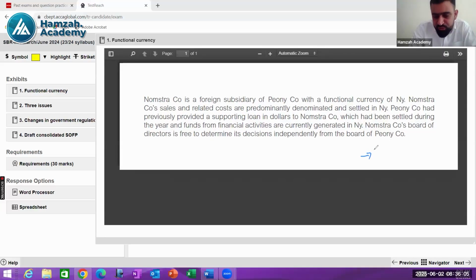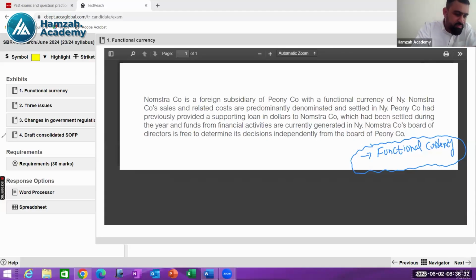In the start of the question, the first thing we need to write down is the definition of the functional currency as per IAS 21.